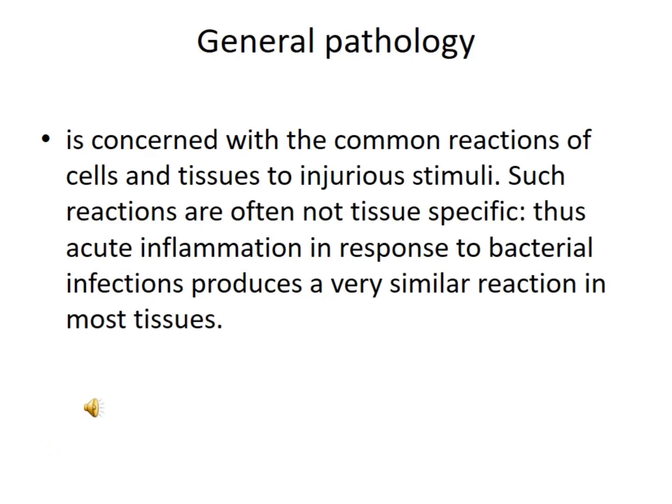General pathology is concerned with the common reaction of cells and tissues to injurious stimuli. Such reactions are often not tissue specific. For example, acute inflammation in response to bacterial infections produces very similar reactions in most of the tissues, right?